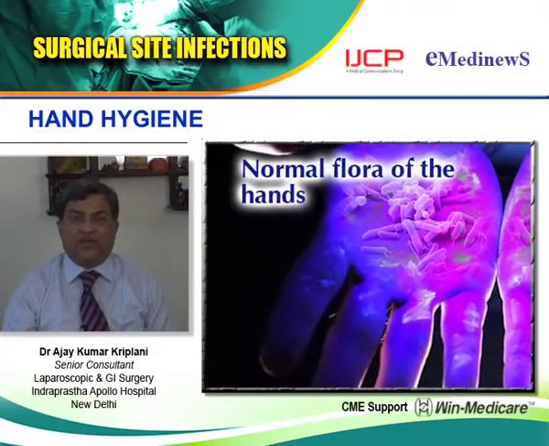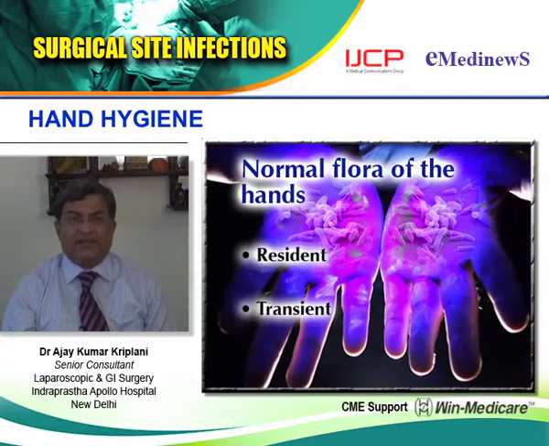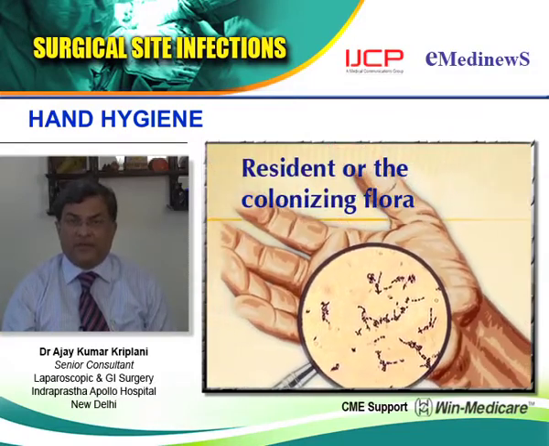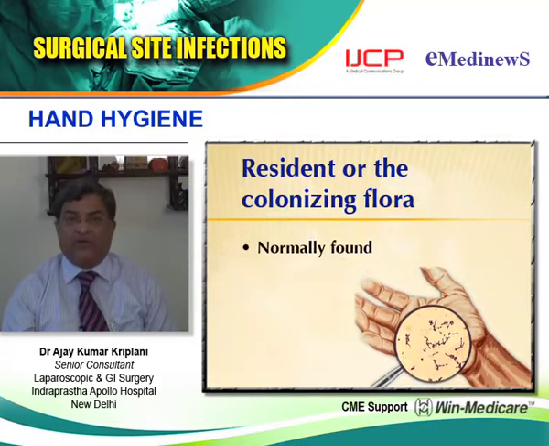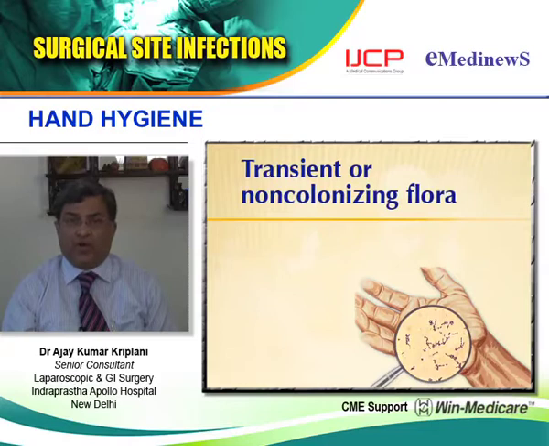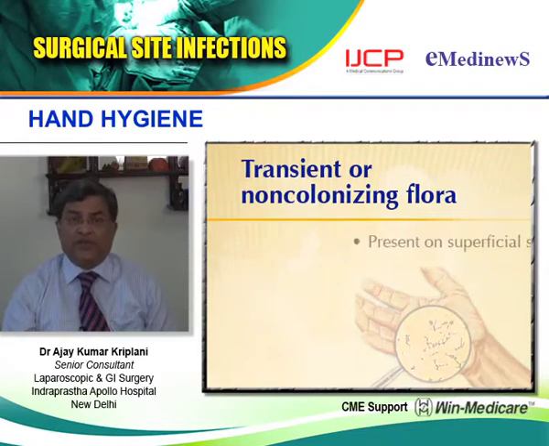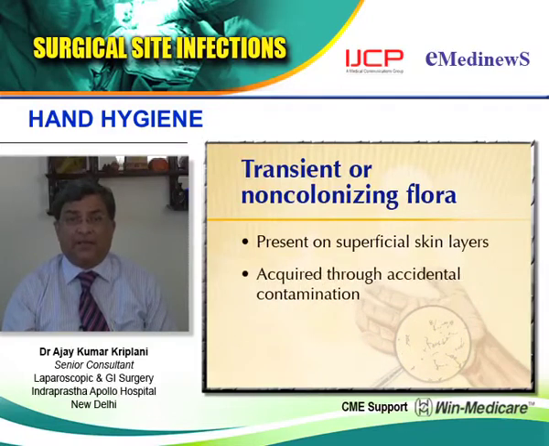Bacteria on the skin of hands are of two types, resident and transient. Resident are the colonizing bacteria which are normally found on the skin and are also found in the deeper layers of the skin and are difficult to remove. Transient or non-colonizing flora, on the other hand, are present on the superficial layers of the skin and are acquired through accidental contamination.